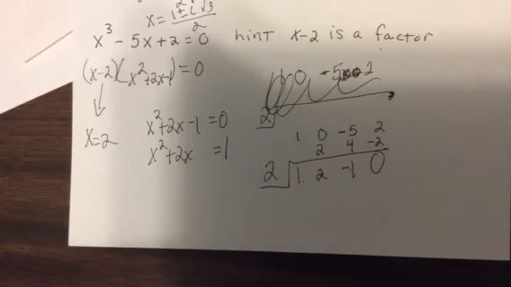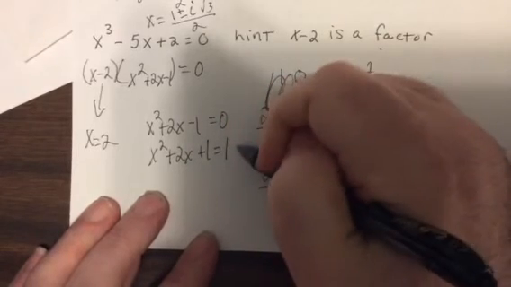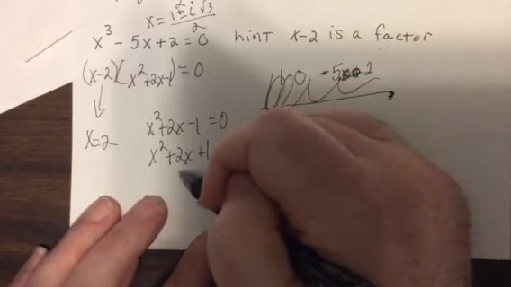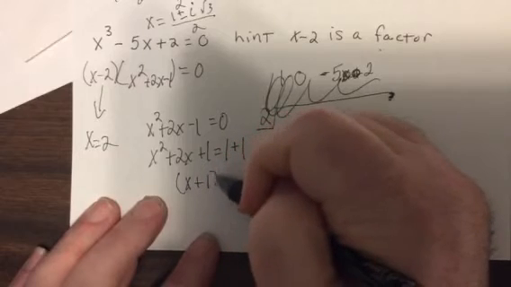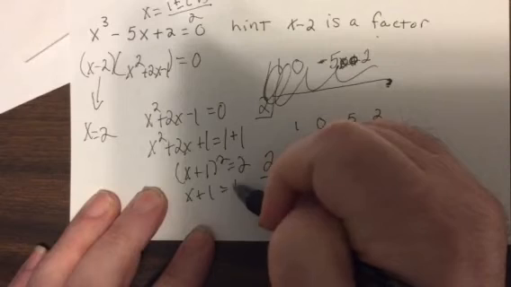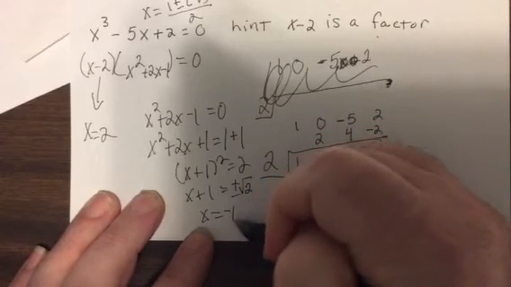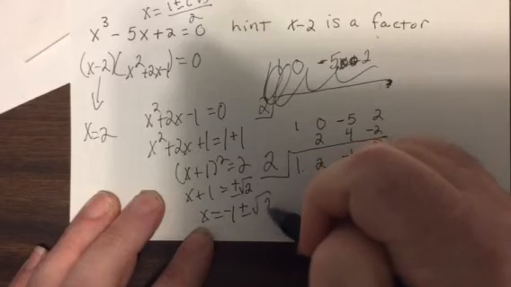Half of 2 is 1. 1 squared is 1, so add 1 to both sides. So factor, x plus 1 squared equals 2. So x plus 1 equals plus or minus the square root of 2. So x equals negative 1 plus or minus the square root of 2.